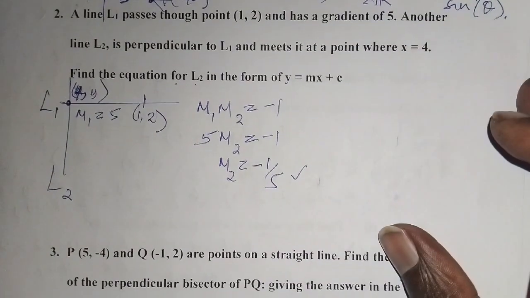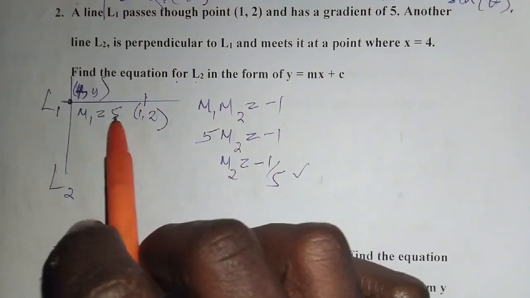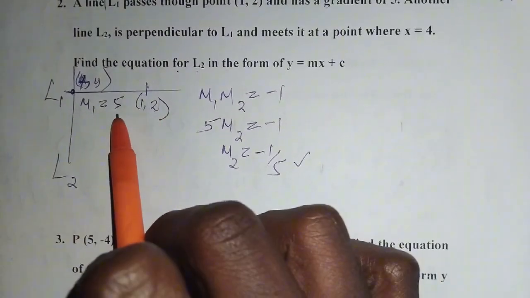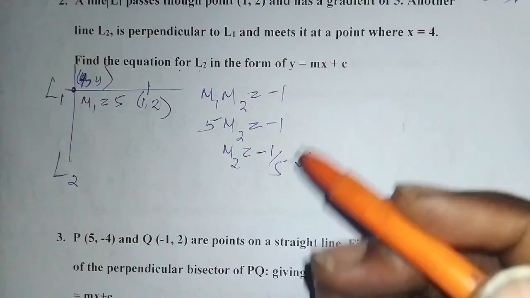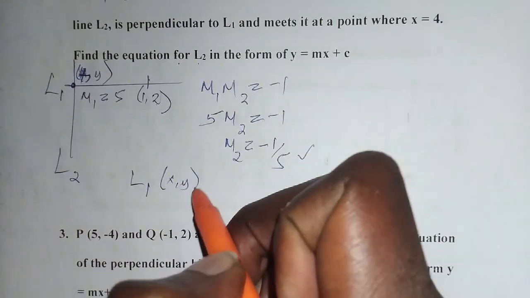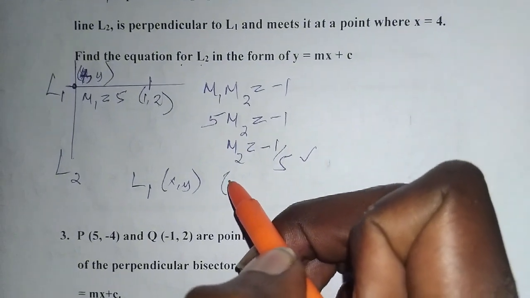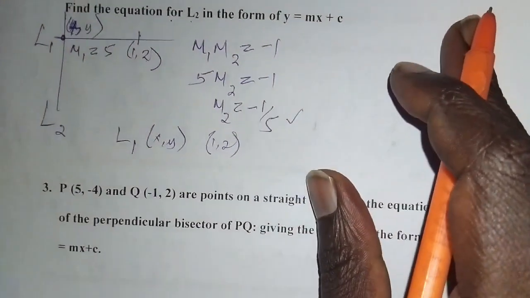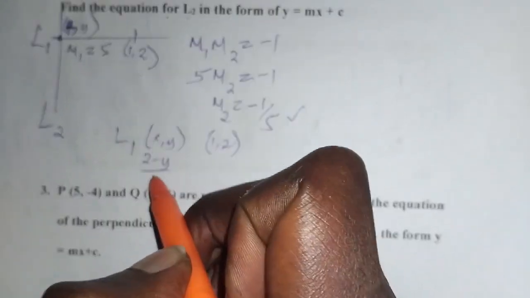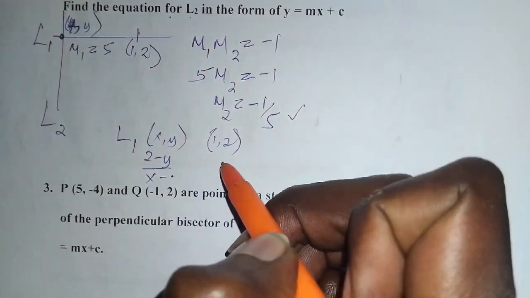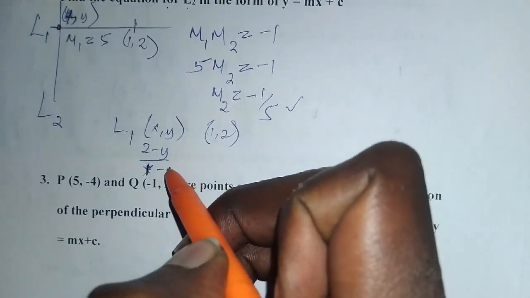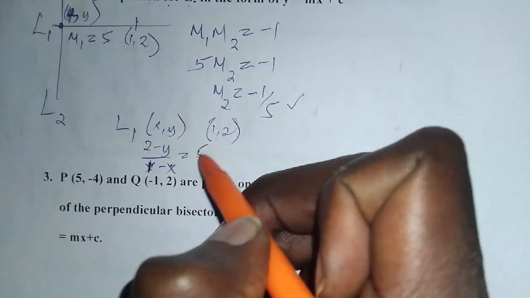Then we have L1. We're given 1 point and the gradient, so you are going to form the equation for L1. So for L1 we have x, y, then we have 1, 2. So to form the equation we have 2 minus y over 1 minus x, which will give us +5.